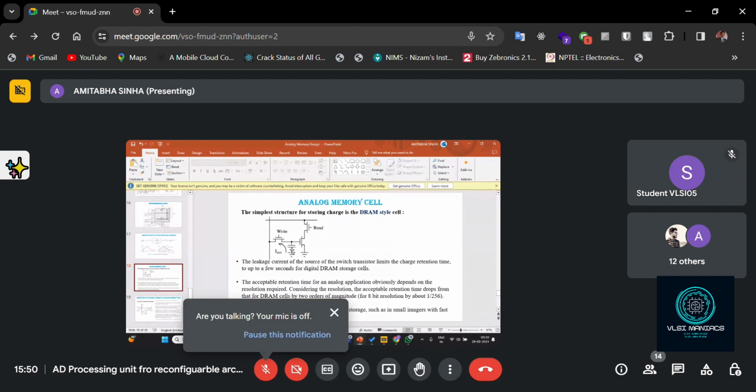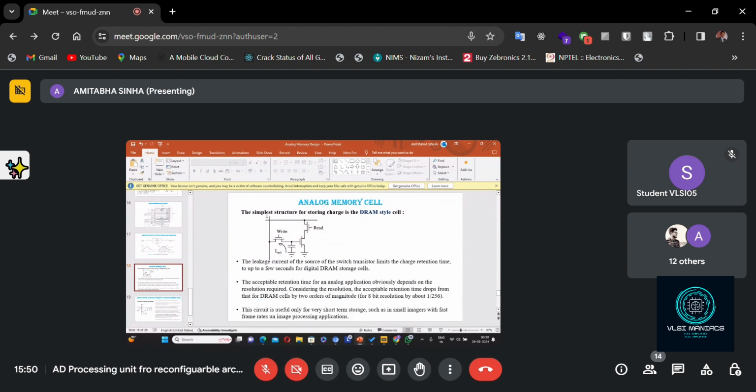That's all. So analog signals, after that a switch will be there. You switch on this and that data will be coming. That means the discrete analog signal will be stored in the capacitor. Up to that, whether there are any questions or not, please.